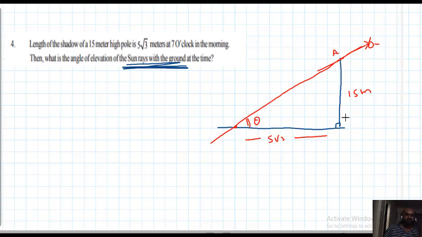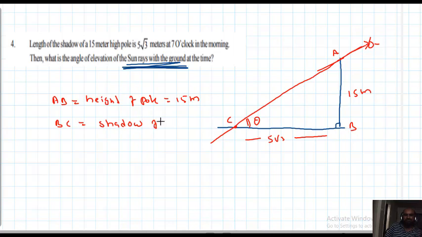Now write everything: AB equals the height of the pole, that equals 15 meters, BC equals the shadow of the pole, 5√3 meters.